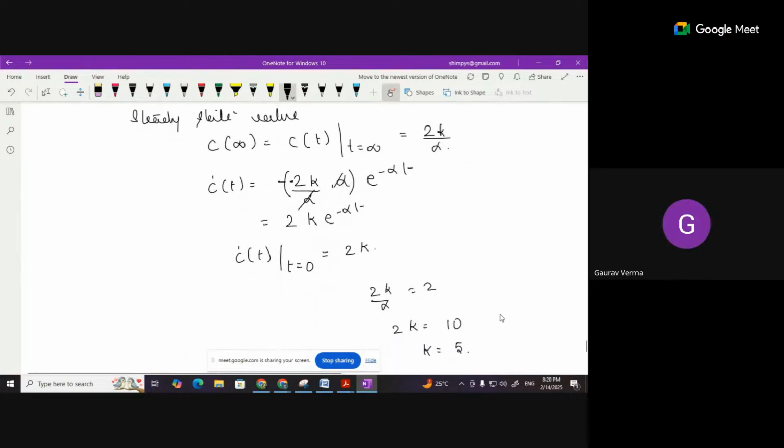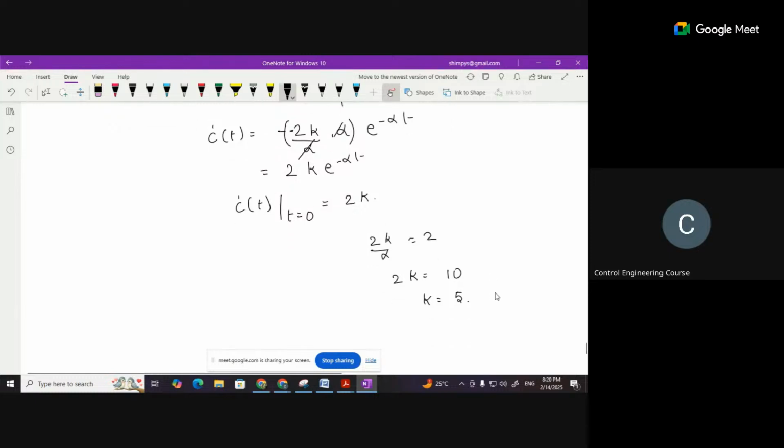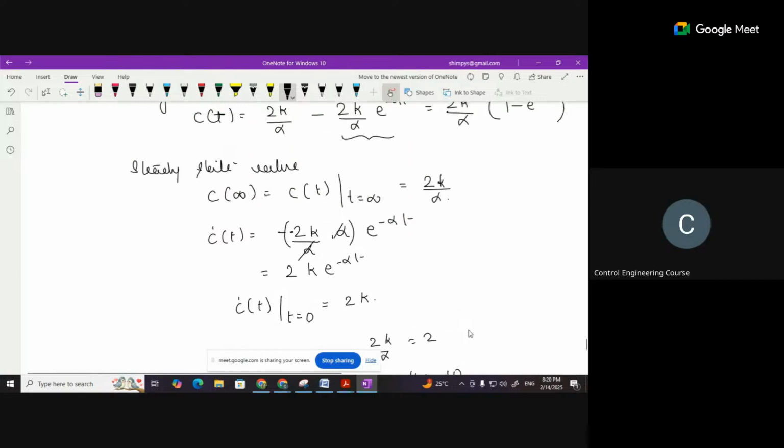And 2K is also equal to 10. You see that the value of the slope at t equals 0 is 10. That is from the slope equation we have got. So both the values alpha and K are equal to 5.